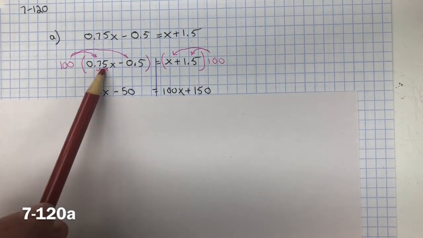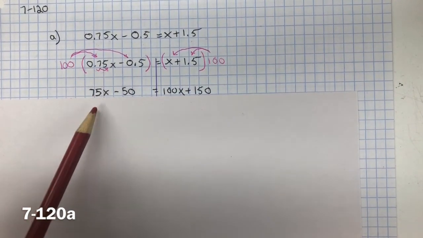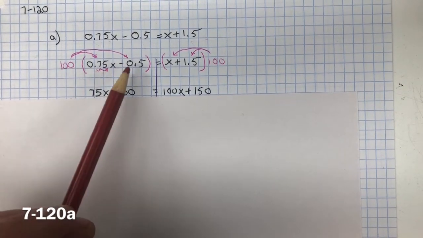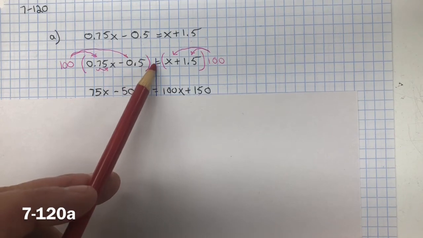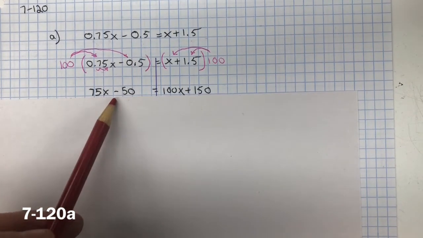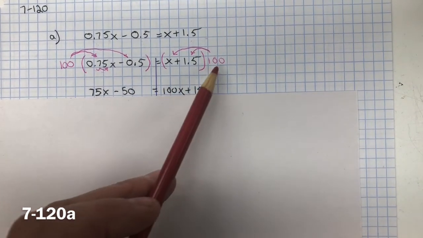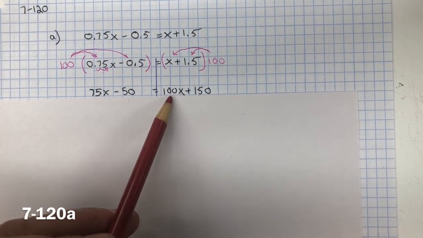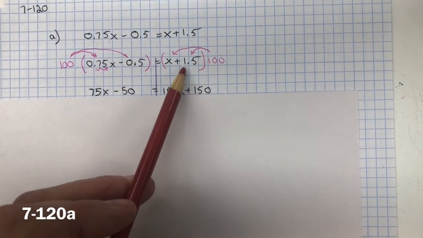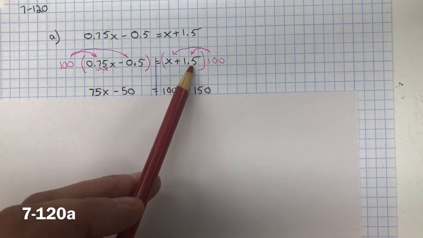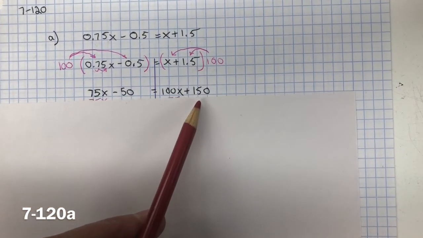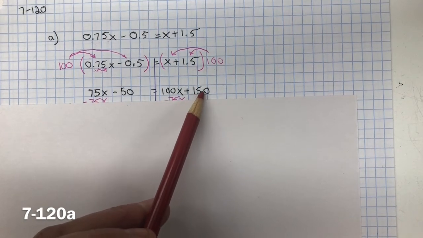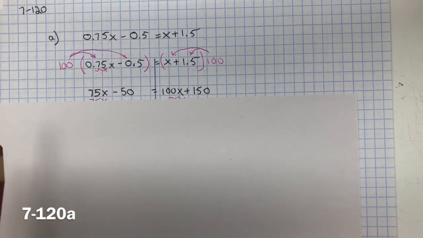So 100 multiplied by 75 hundredths x is 75x. 100 multiplied by negative 5 tenths, we would move it 2 places, put a placeholder with a 0, so negative 50. 100 multiplied by x is 100x. 100 multiplied by 1 and 5 tenths, move the decimal 2 place values, 1, 2, and we get 150.